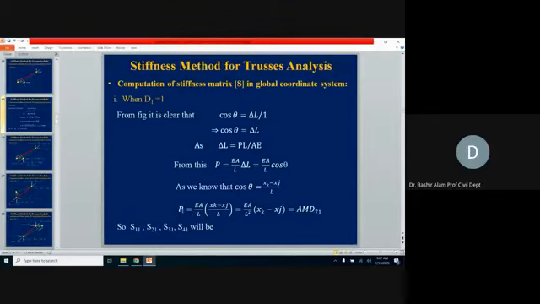So finally, the member force produced is equal to EA over L square times xk minus xj.